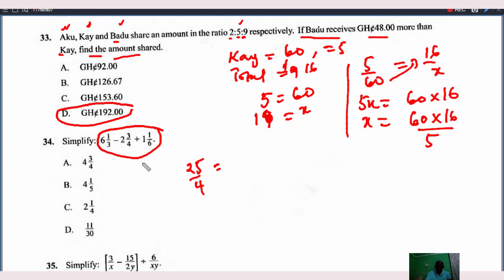So let's do that one again. Let's simplify. We want to use the calculator without solving. Good. We want to use calculator without solving it.